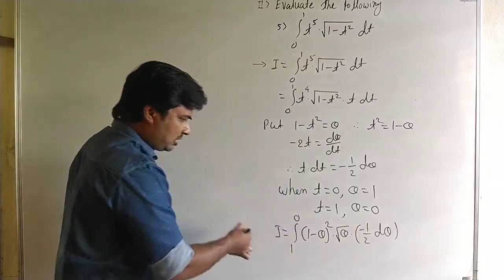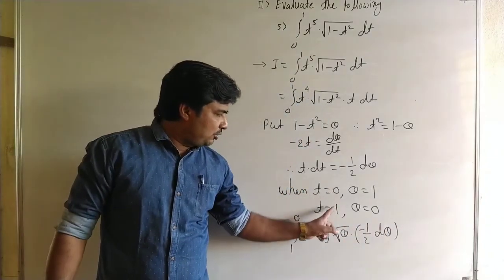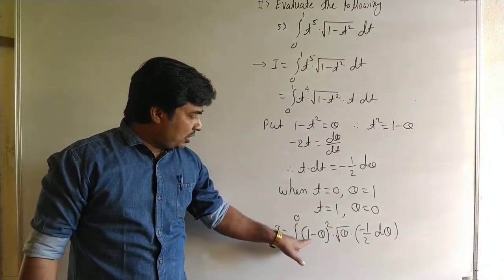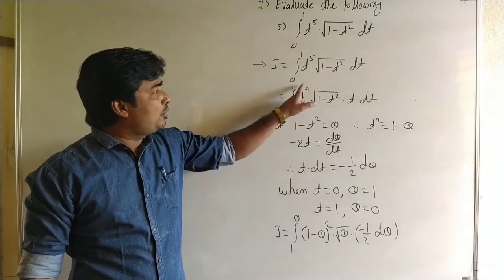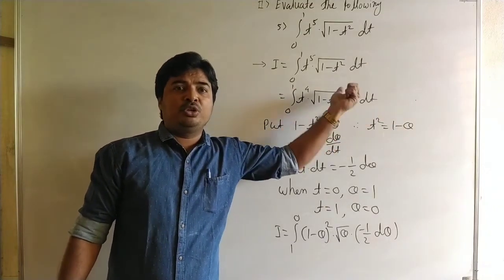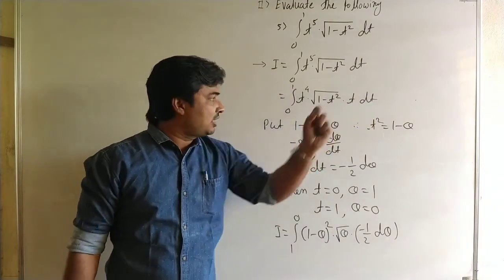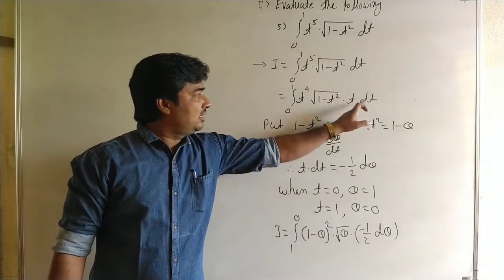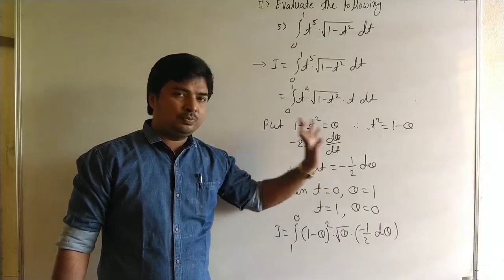See carefully this integral. Here change the limit 0 to 1, we can replace 1 to 0. It is 1 minus theta square, it is t to the power 4. We know t square is equal to 1 minus theta, therefore t to the power 4 is 1 minus theta square. And here it is under root theta, and t dt is minus 1 by 2 d theta.